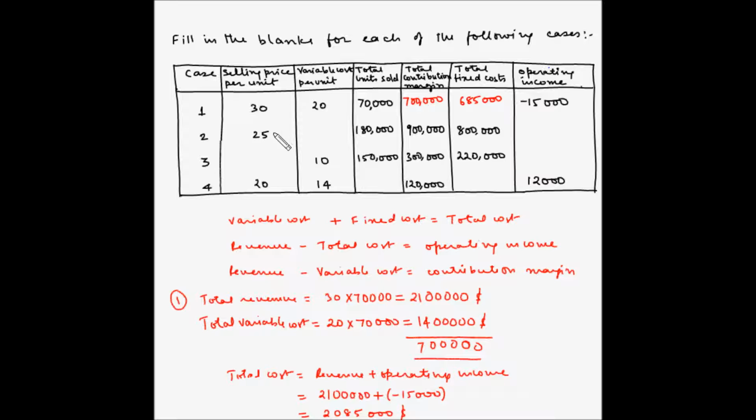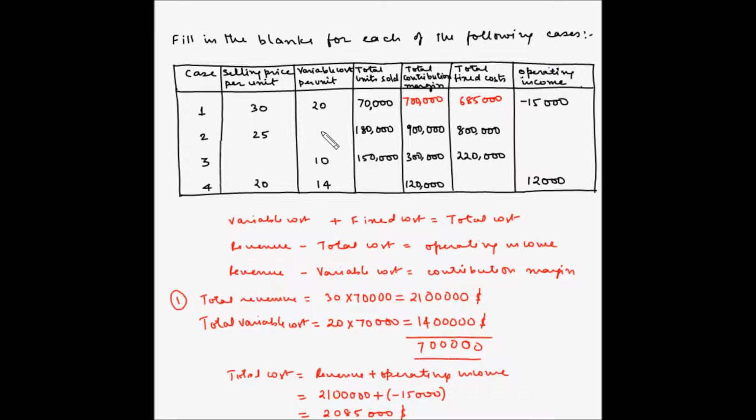So in the second case, we have the selling price per unit, which is $25. We don't know the variable cost per unit. We know the total number of units sold. We know the total contribution margin. We know the total fixed costs, but we also don't know the operating income.